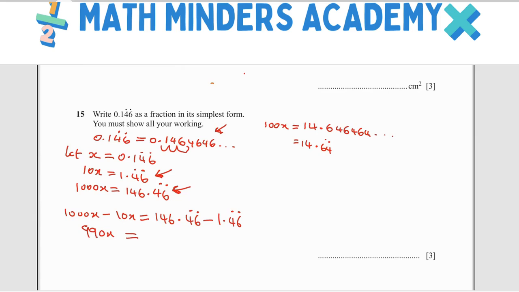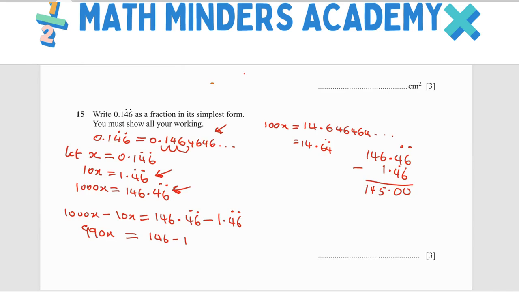When we subtract, this is 146 minus 1. When we subtract the decimals, this is 0, 0, and this is going to be 5 here. So we have 145.